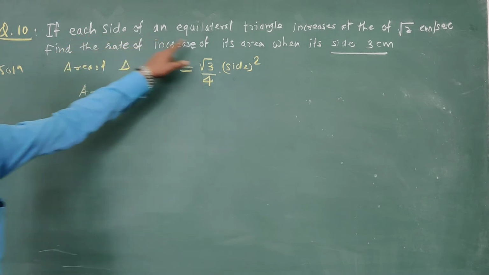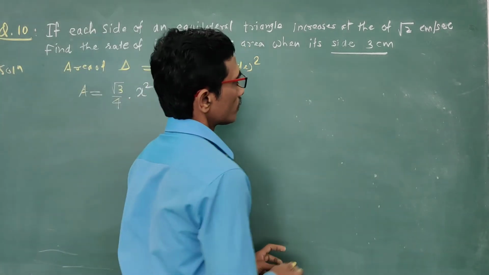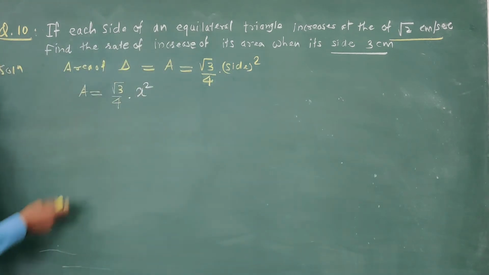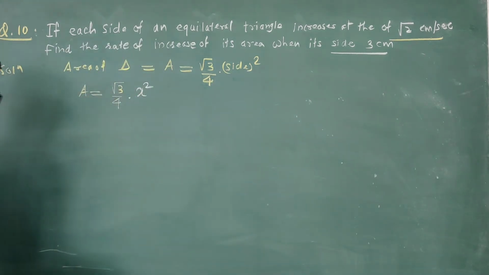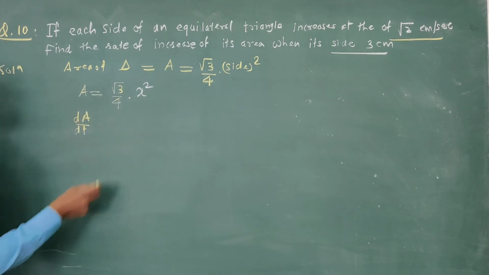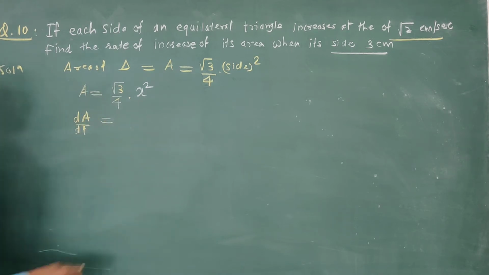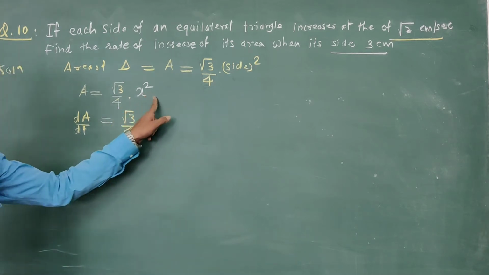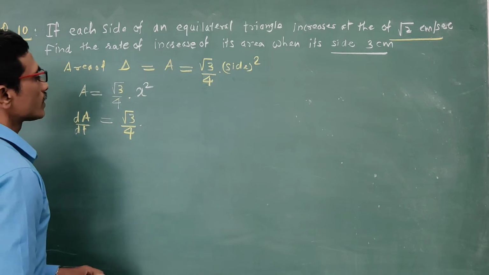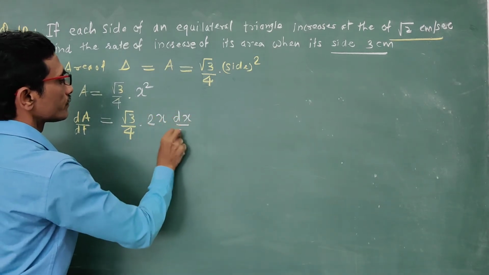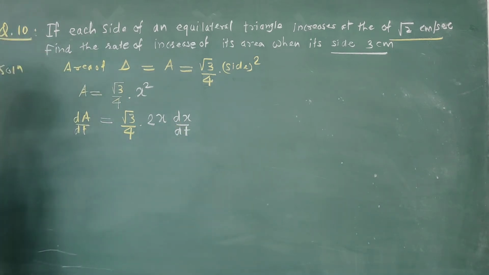Now each side of the equilateral triangle is increasing at the rate of √2 centimeter per second. So we differentiate it with respect to t. So dA by dt is equal to, we use here the chain rule of derivative, √3/4 is constant, and the derivative of x square is 2x into dx by dt.